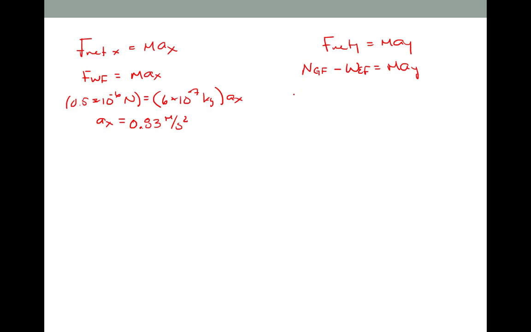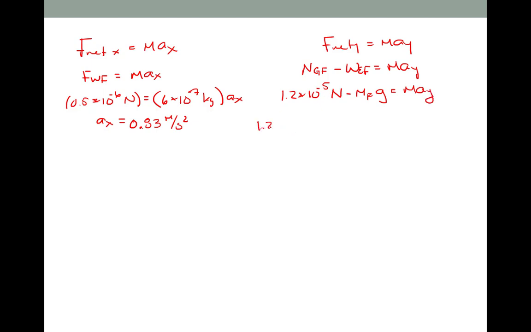The normal force had a value of 1.2 times 10 to the minus 5 newtons. I've got to subtract off the weight. On the last slide, I made a mention that weight, remember, is always mass times the acceleration due to gravity as long as you're near the surface of the Earth.